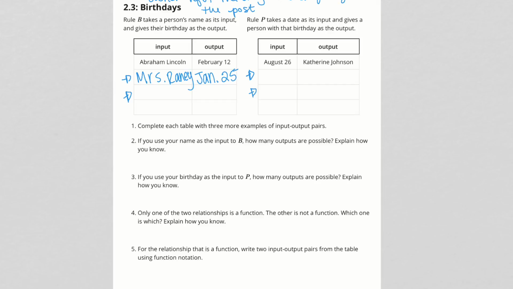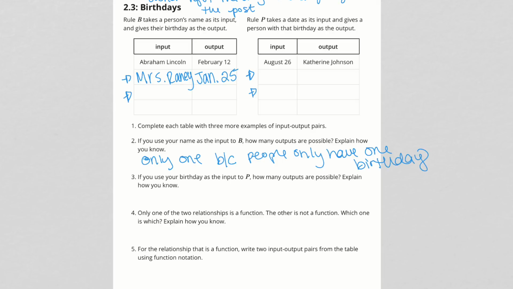Are there any other possible outcomes for that one? No, I only have one birthday. So how many outputs are possible? Only one, because people only have one birthday.